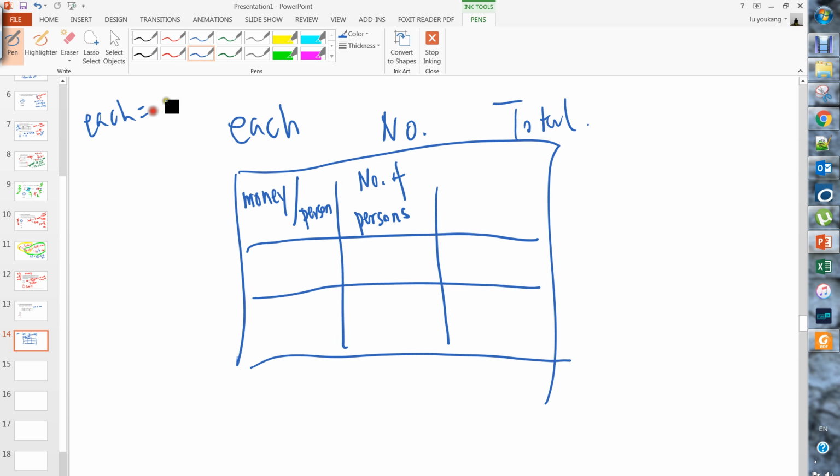Is also per, also every, also one. Each means per, means every, means one. So they mean the same thing. So money per person, number of persons, and then this is the total amount of money, or I just call it total amount.